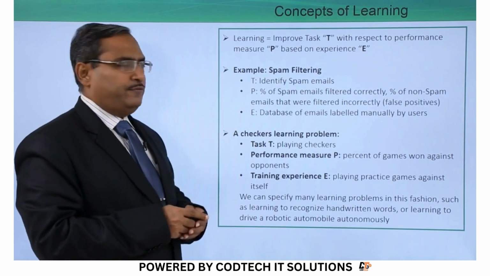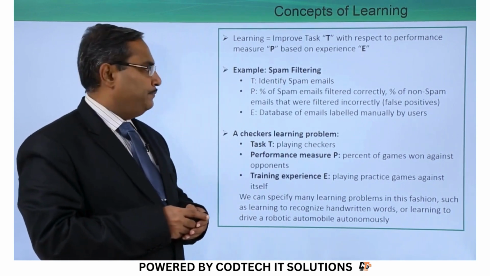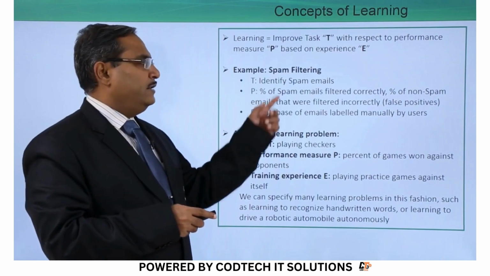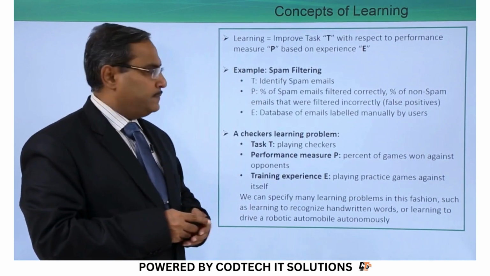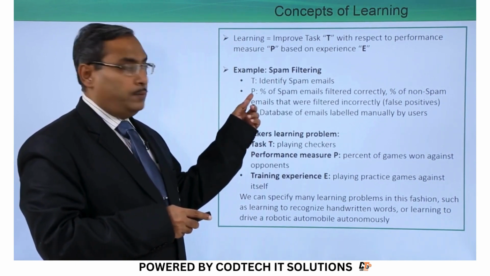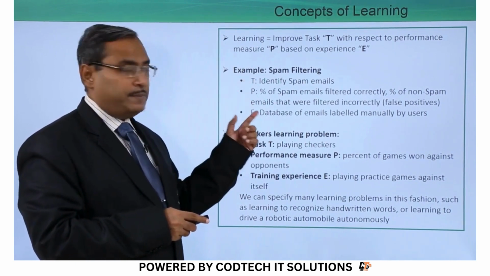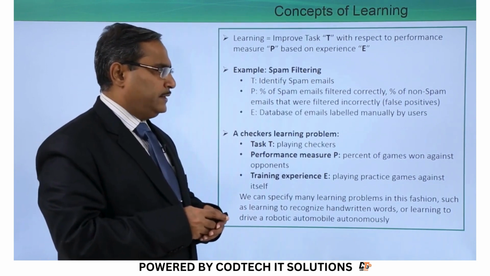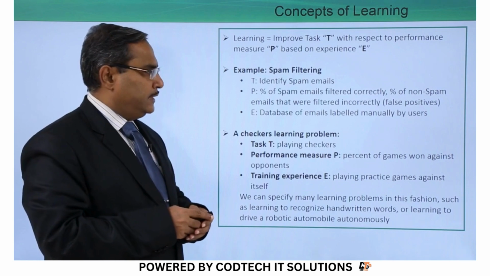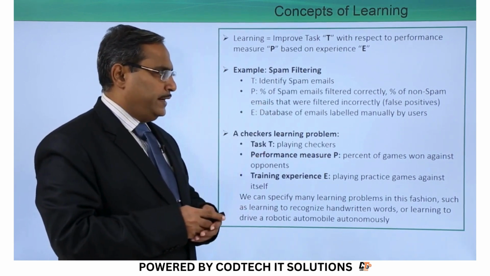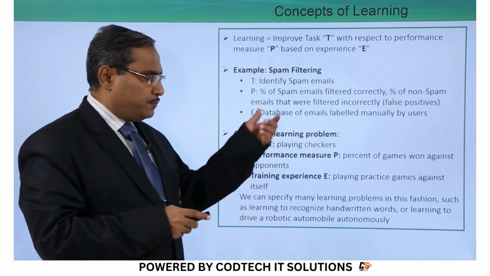As an example, if you go for spam filtering, here T is the respective task: identify spam emails. Next is P, which denotes the performance measure: the percentage of spam emails filtered correctly and the percentage of non-spam emails that were filtered incorrectly, that is a false positive.